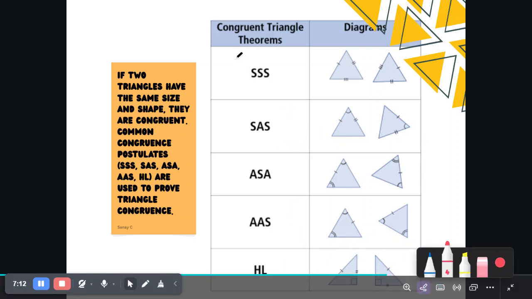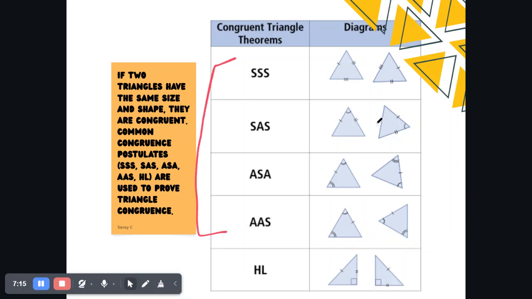Basically, in these four, S equals side and A equals angle. Basically, SSS, SAS, ASA, and AAS are proven when a set of angles or sides are laid out through reason, and you get that they prove the congruence of a triangle.